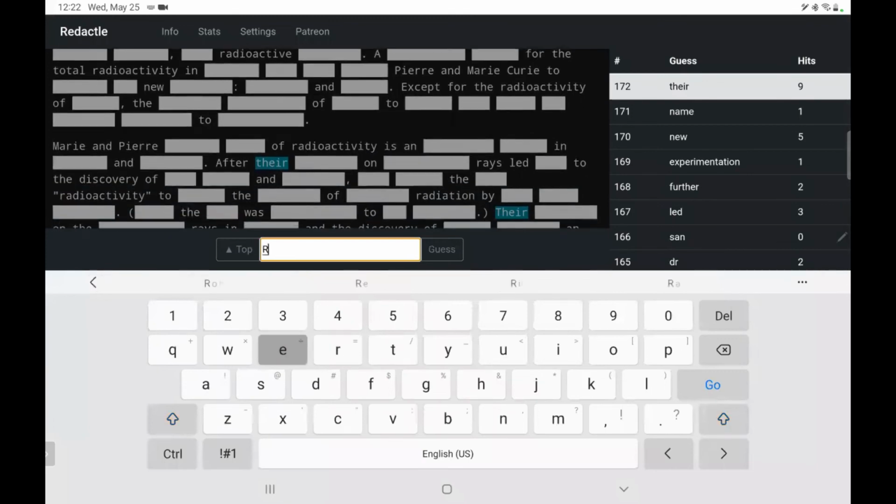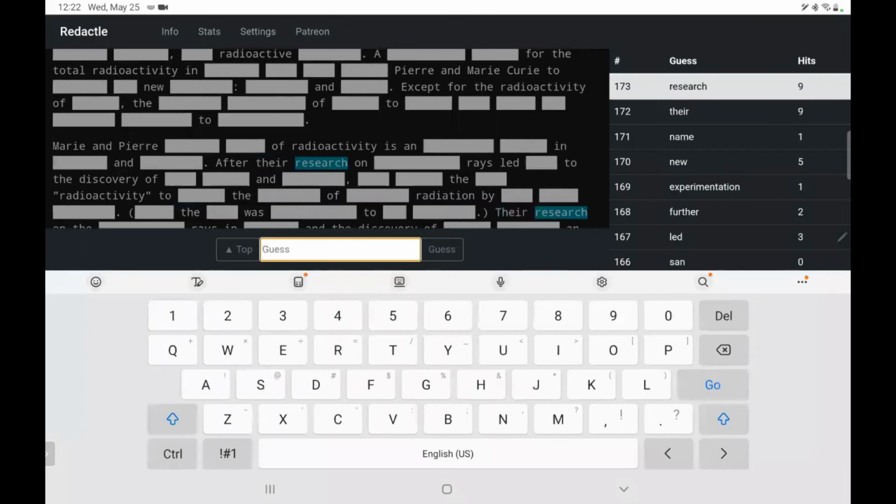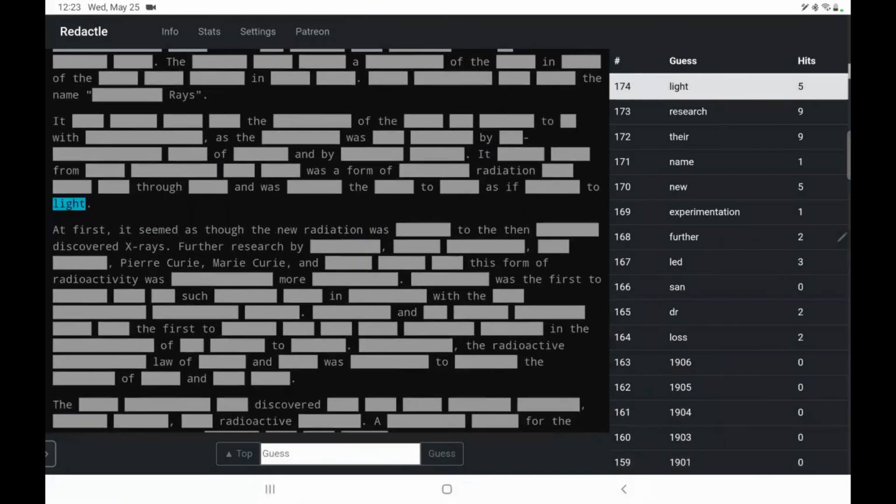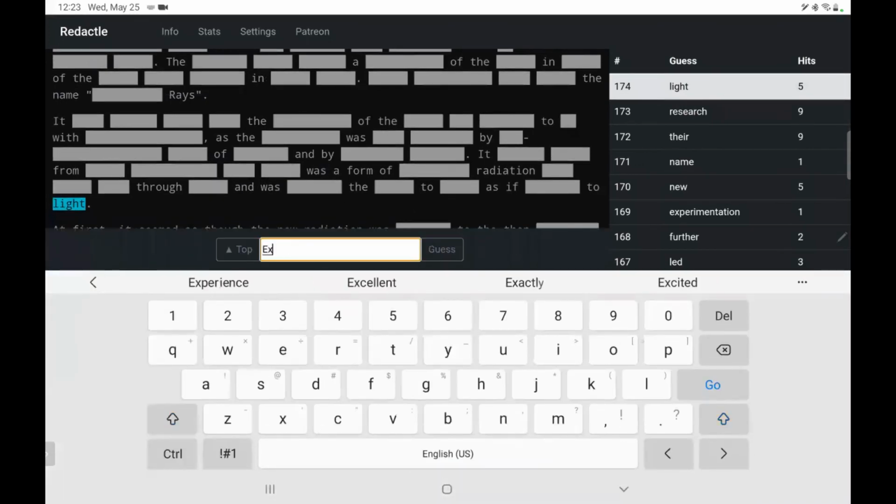After their research on something rays. How about just light? I know I'm jumping around here. As if exposed to light?